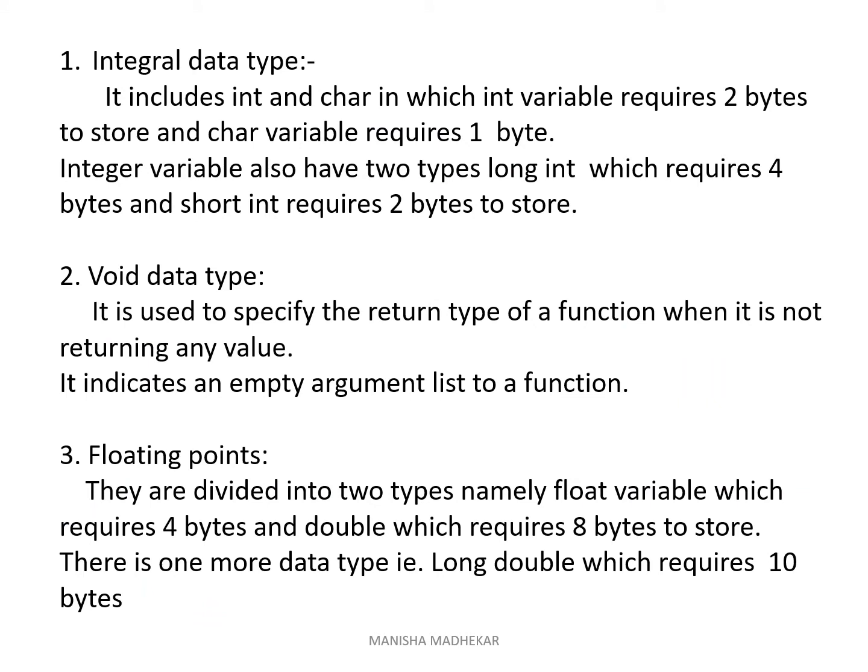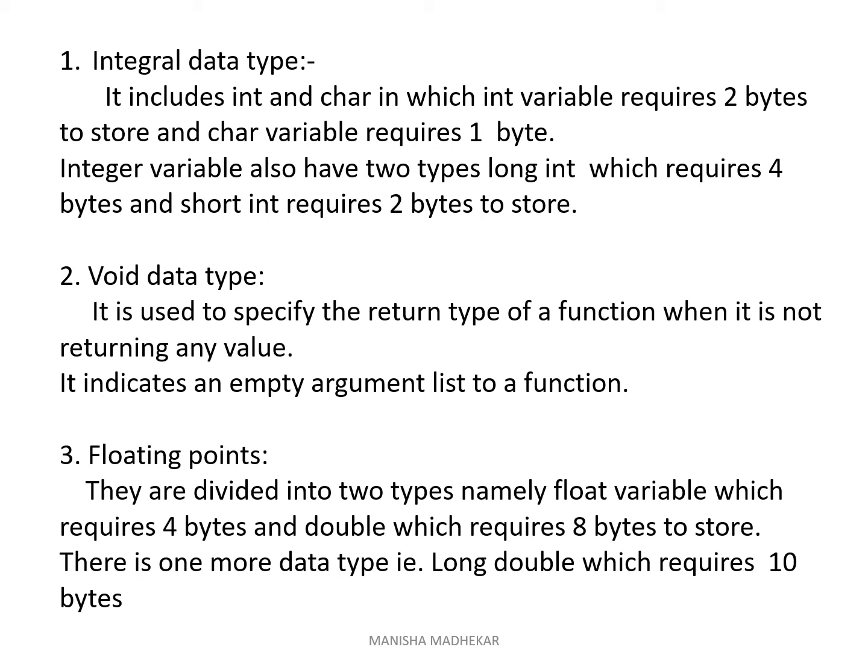The integral data type includes int and char, in which an int variable requires 2 bytes to store and a char variable requires 1 byte. Integer variables also have two types, long int which requires 4 bytes and short int which requires 2 bytes to store. The void data type is used to specify the return type of a function when it is not returning any value.